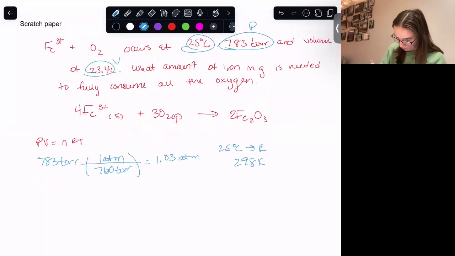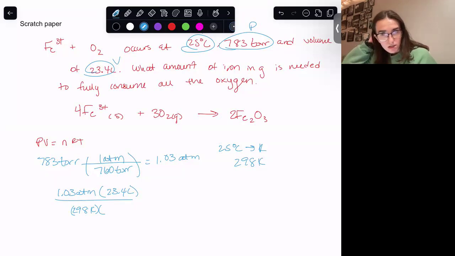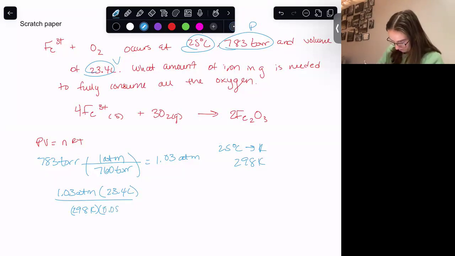So for n, we have a pressure of 1.03 atm times 23.4 liters divided by 298 Kelvin, and just so we know our gas constant, 0.08201 liters times atm over moles Kelvin.